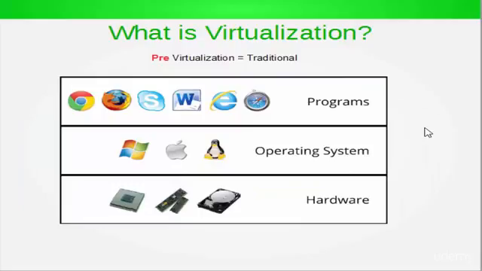Okay, so as you can see here in this picture, this is a picture of pre-virtualization. This is the normal case and the normal layers of a computer without the virtualization layer. In here we have the first layer, which is the hardware layer, and this layer contains the RAM, the hard disk, and the processor.